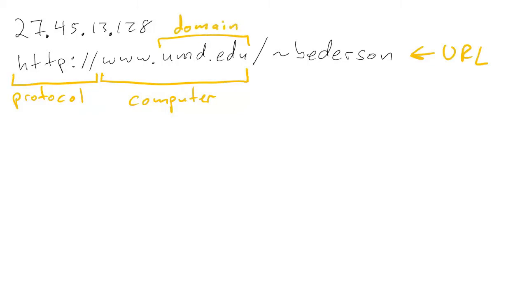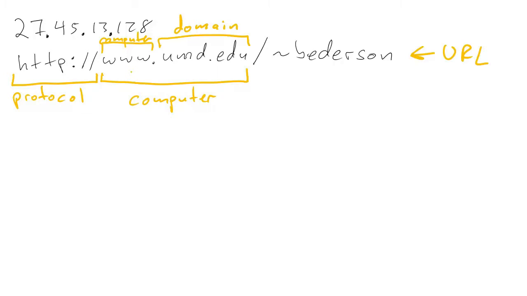The University of Maryland owns umd.edu, and this is saying that everything in this domain is part of the University of Maryland. And then over here is the actual computer name. Literally, this is the name of a computer on the domain of umd.edu.